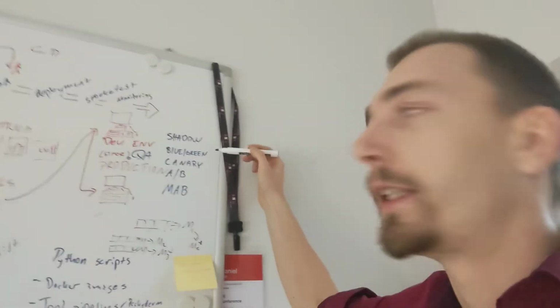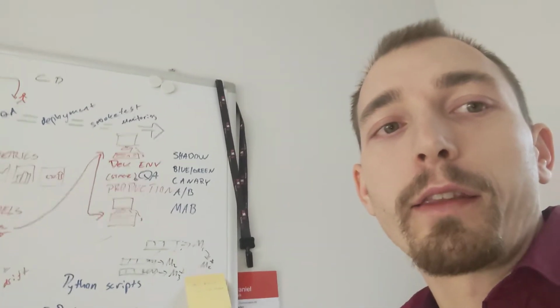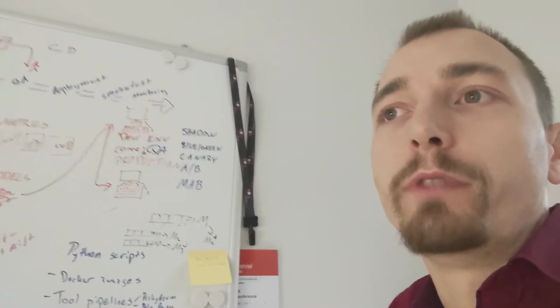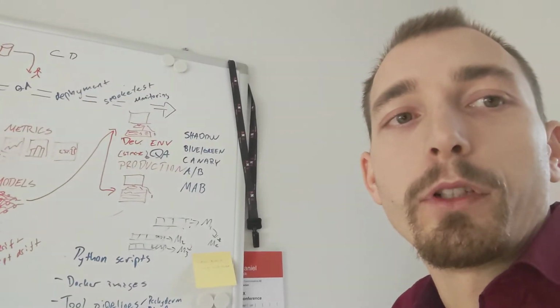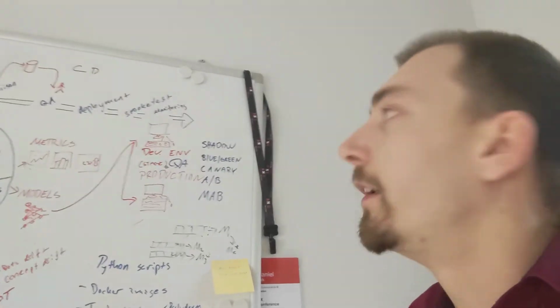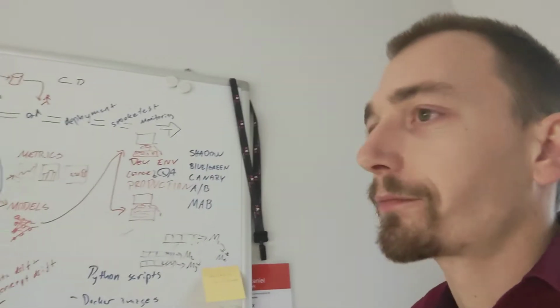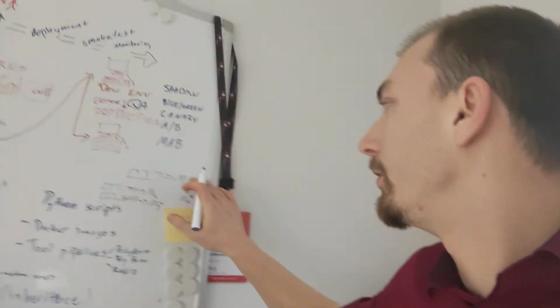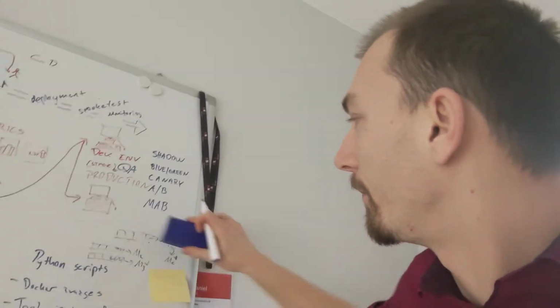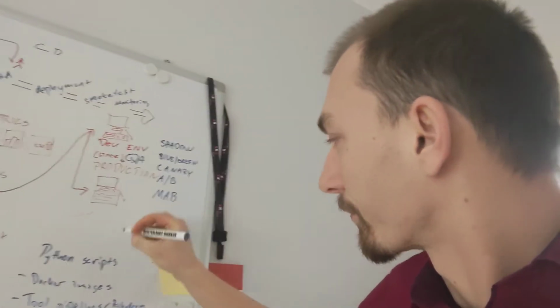Blue-green deployment. This is mostly for the cloud deployments, I would say. The idea here is that instead of replacing your model in the deployed code, you will instead create a new deployment environment next to the first one.